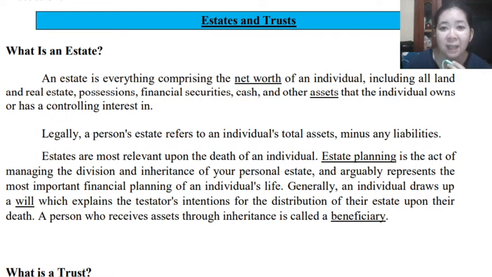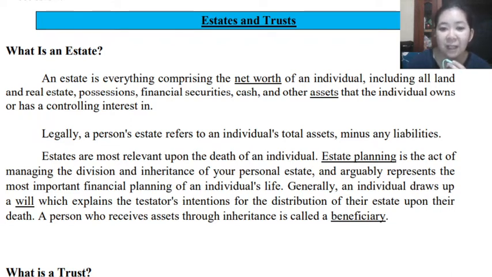Generally, an individual draws up a will and testament, which will explain the testator's intention for how to distribute his estate upon his death. A person who receives the assets through the inheritance is what we call the beneficiary.